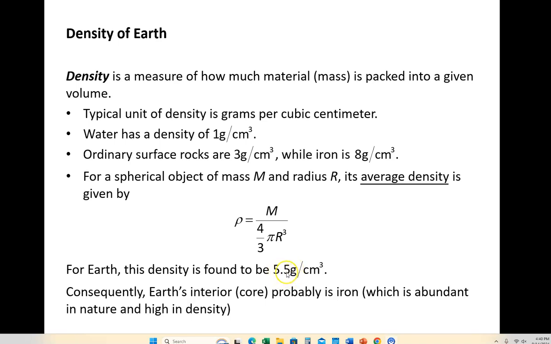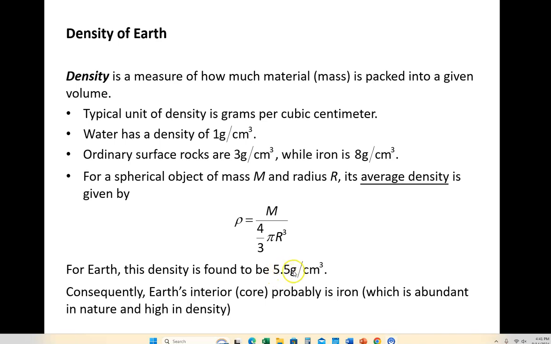Immediately, if you see that the average density is 5.5, also known as the bulk density, you'll sometimes hear that reference. That means the Earth is made of lots of rocks that have a density of 3, and then of course a good deal of iron and nickel, which has a density closer to 8.